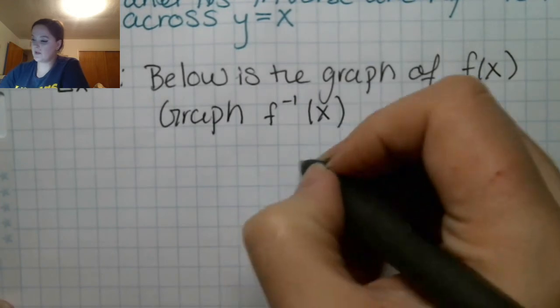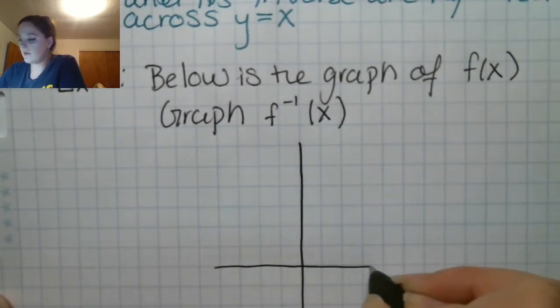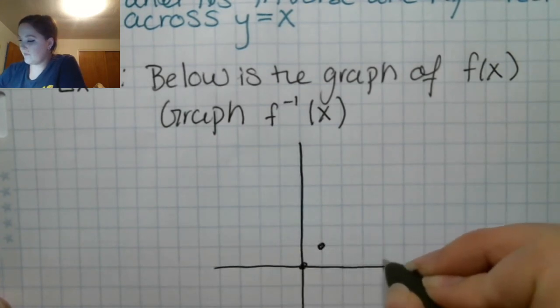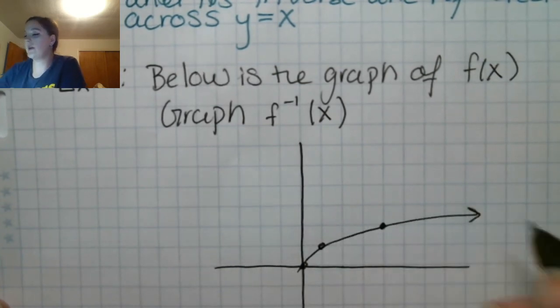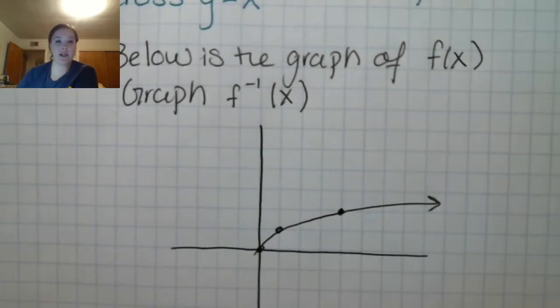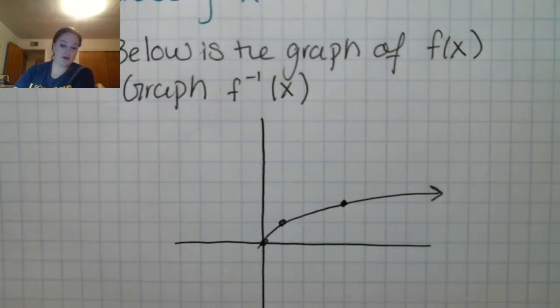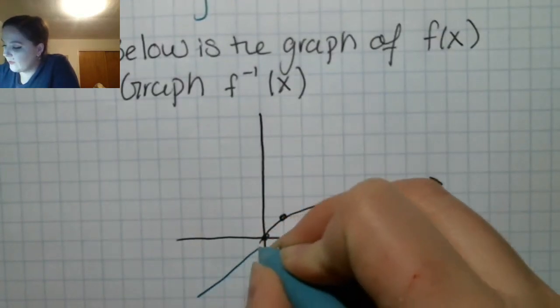I'm going to draw the graph of f of x here. Now you may recognize this as the square root of x graph. Now we're going to graph in the line y equals x just so that we have it for reference.